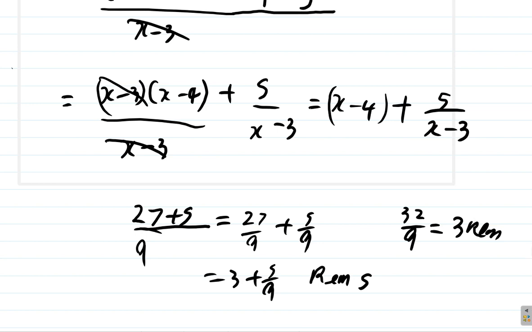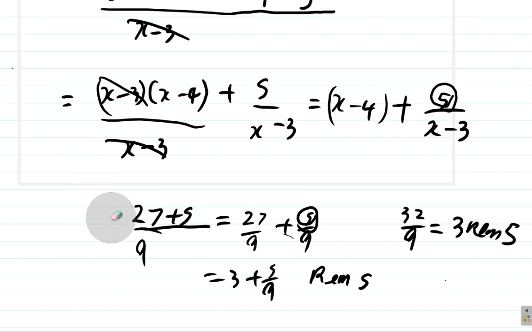Remainder 5. Right? So here we have a remainder of 5. So this now is the remainder, just like how this is the remainder. So if you add 5 to this, you get 5 as the remainder.